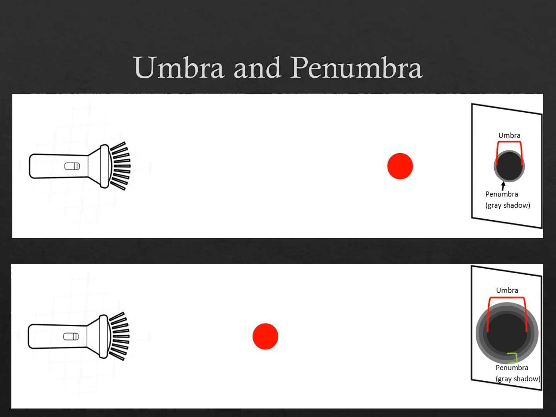Again, here's light waves hitting the object. As I move my ball towards the source of light, in this instance, one, my object will now appear magnified, and then my penumbra portion of the image will grow exponentially.